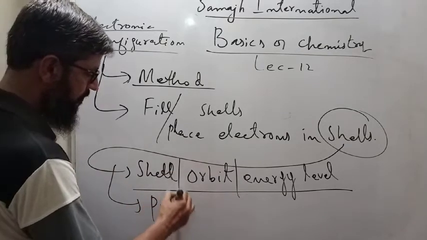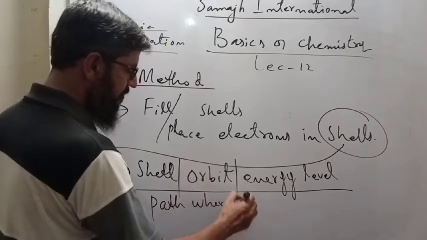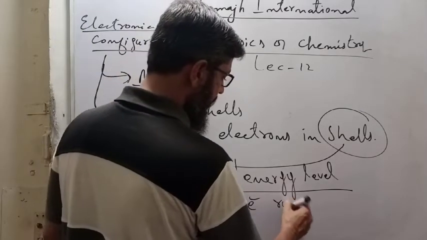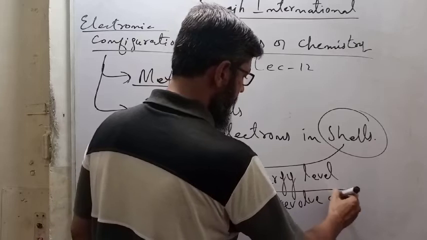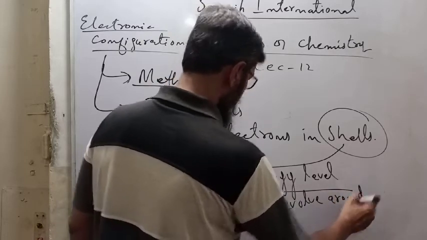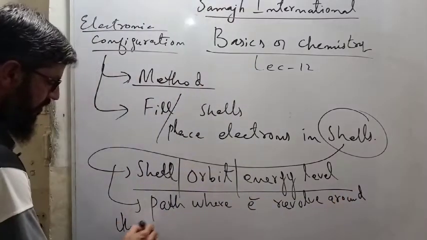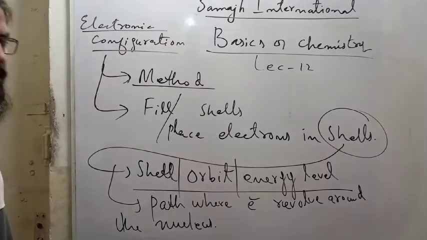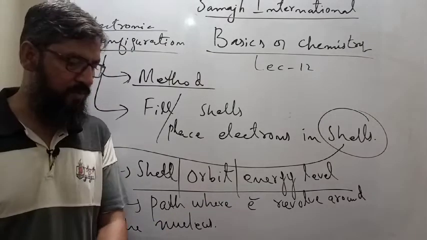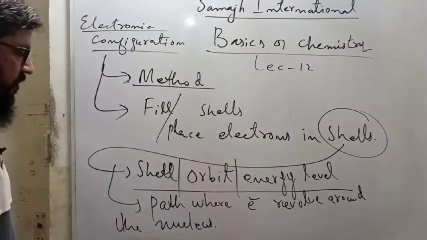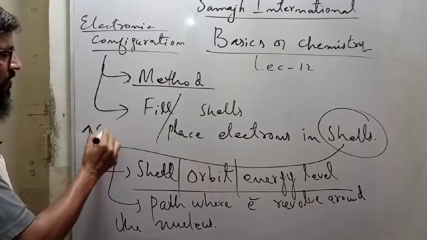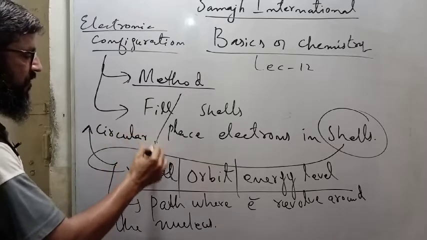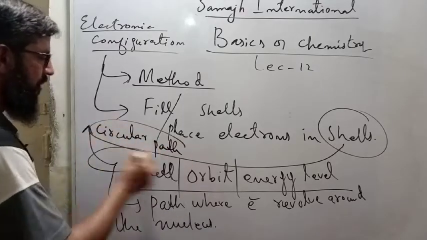They are the paths where electrons revolve around the nucleus. Got it? You can call it the circular path.